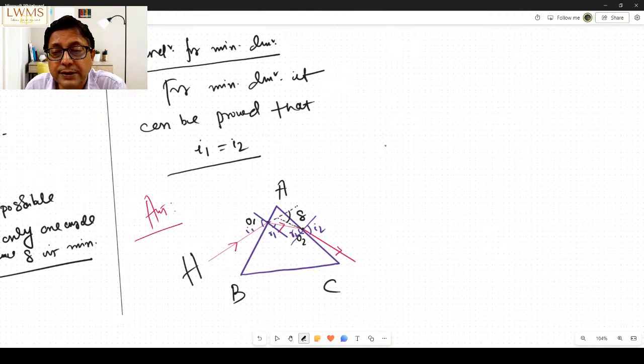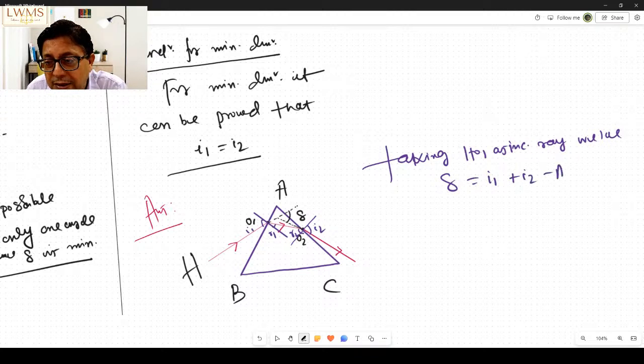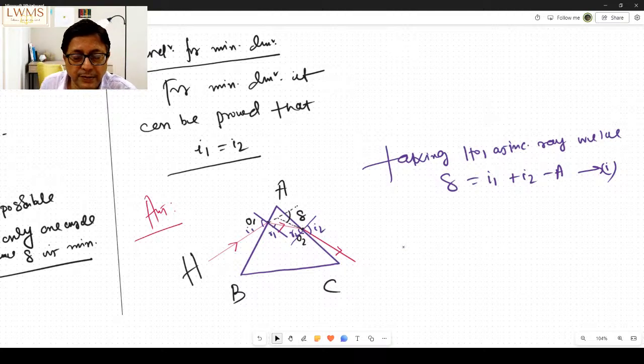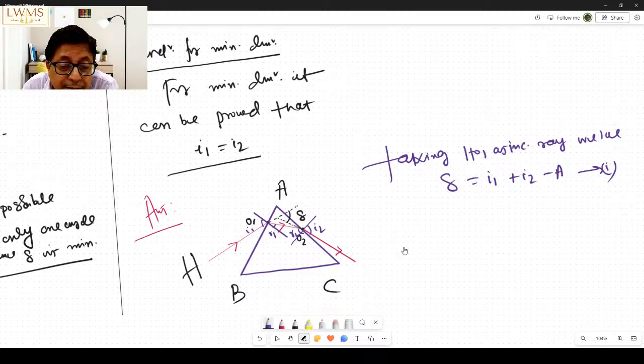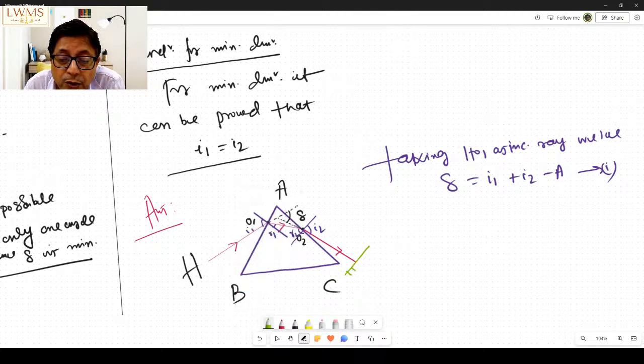So taking HO1 as incident ray, we have delta equal to I1 plus I2 minus A as shown in figure. Now what I am going to do? I am going to take a mirror in front of this ray, normal to it. This is a mirror.